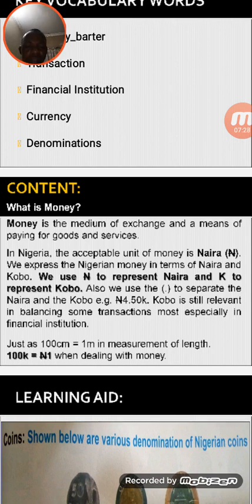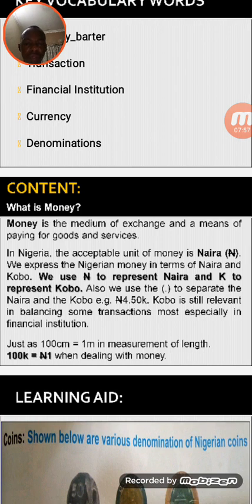Kobo is still relevant in balancing some transactions, most especially in financial institutions. There are some things when we buy now, even though kobo is not what we use as part of our currency in Nigeria now, but some of those transactions will still show up in kobo.